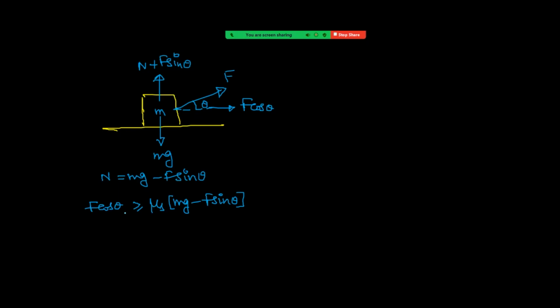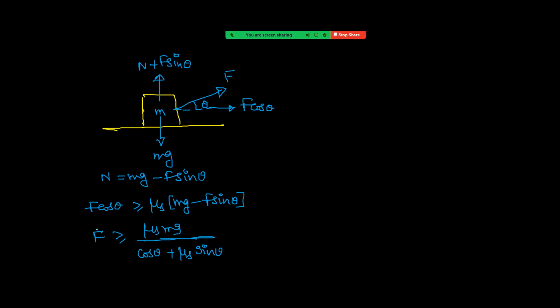Now simplify this. F should be greater than or equal to mu s mg upon cos theta plus mu s sin theta.